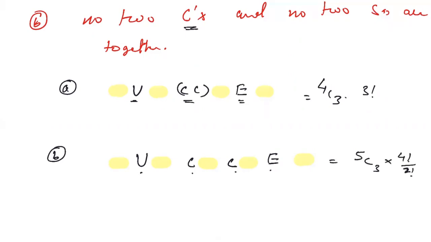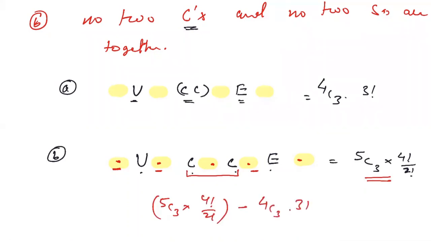But there is a problem with this case. What is the problem? I'm saying 1, 2, 3, 4, 5 gaps are there, and we have to fill only 3. If I'm filling 1, 2, and 3, then 2 C's are coming together. So in this case, 5C3 into factorial 4 by factorial 2, I have to subtract all those cases where C's are coming together.